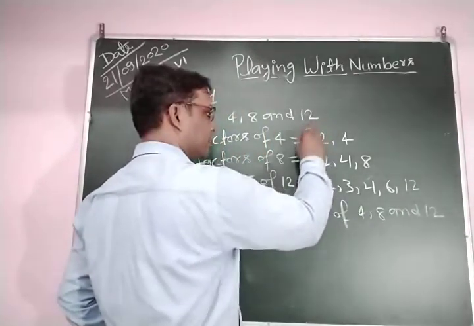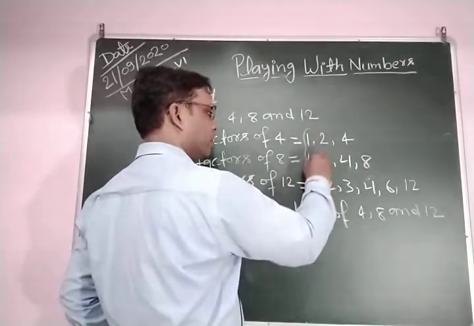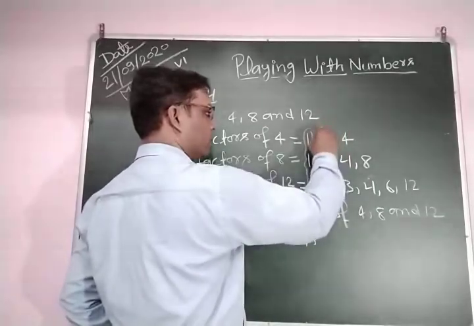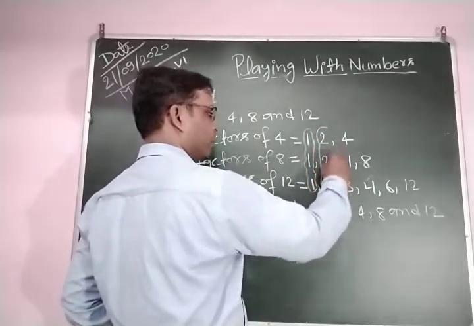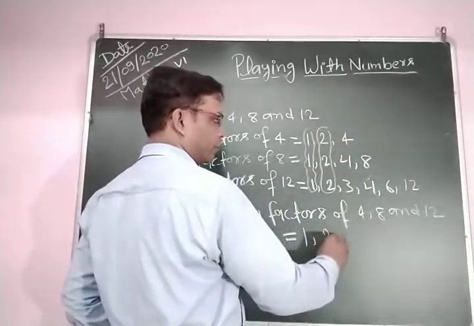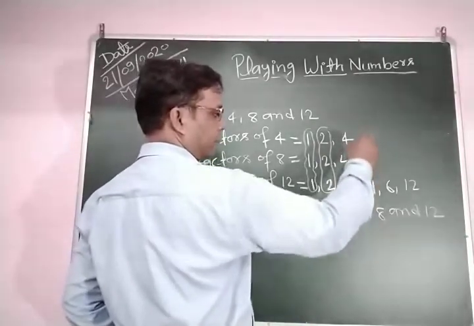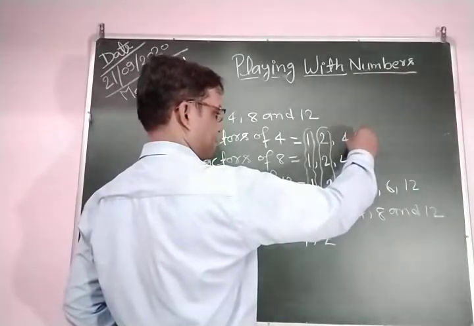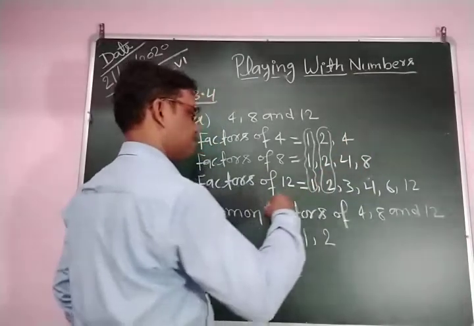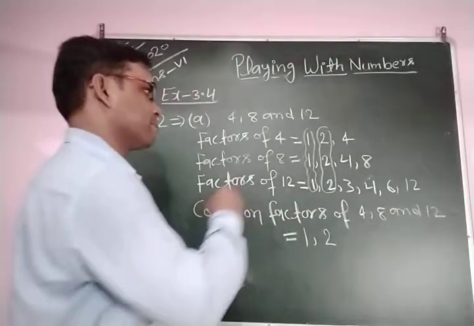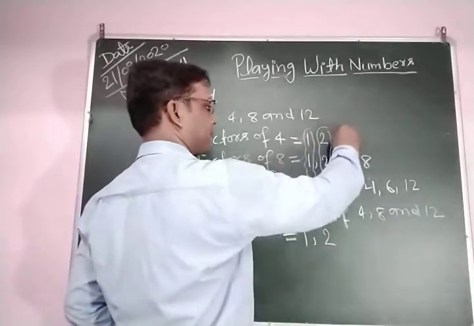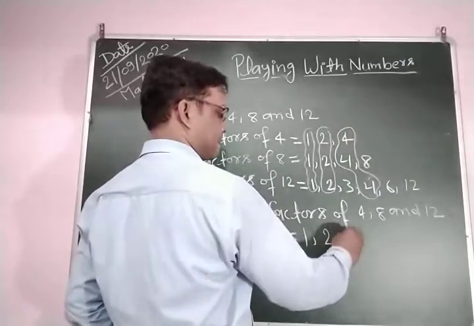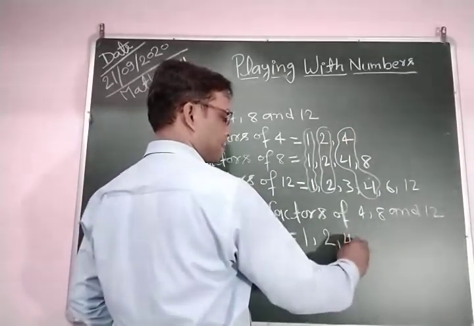You can see the common factors are 1, 2, and 4.